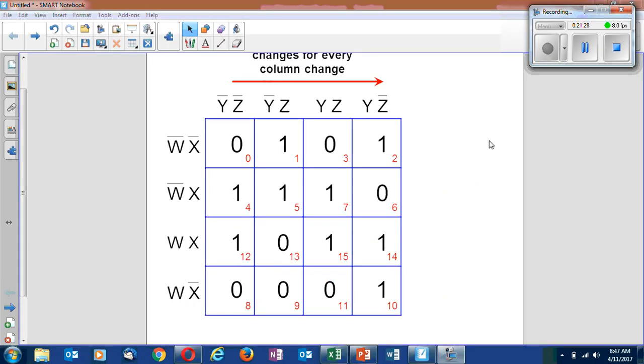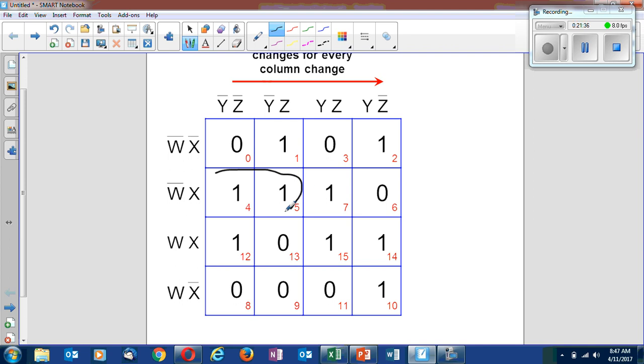Okay, so here's my K-map once again up close, and I'm going to go ahead and just color my groups of 2. So here's my group of 2. Now I'm going to use colored pens. Here's another group of 2. Here's my third group of 2.